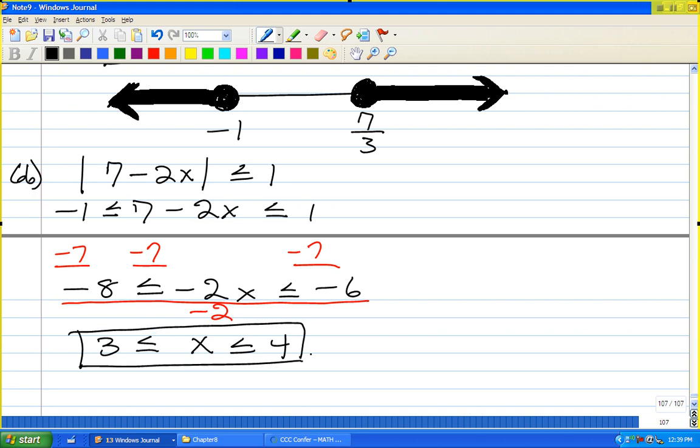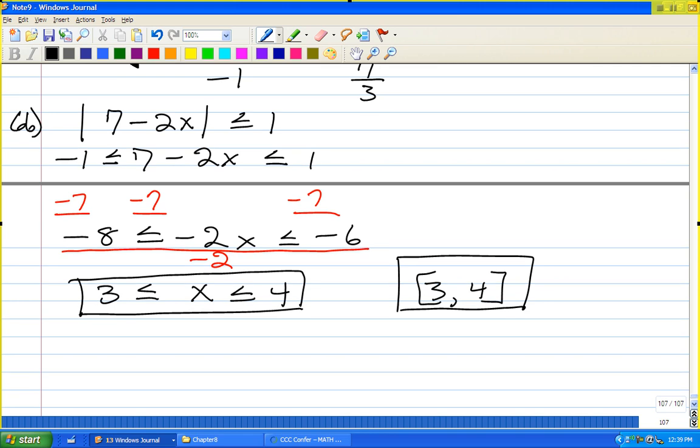And so this is the closed interval from 3 to 4. So I have my closed interval from 3 to 4. I include 3. I include 4. And I include everything in between.